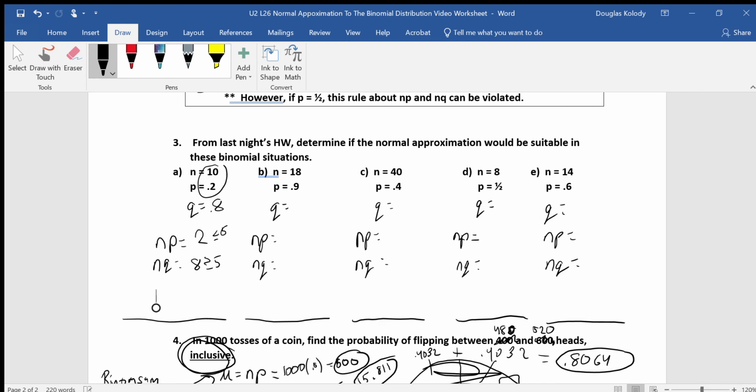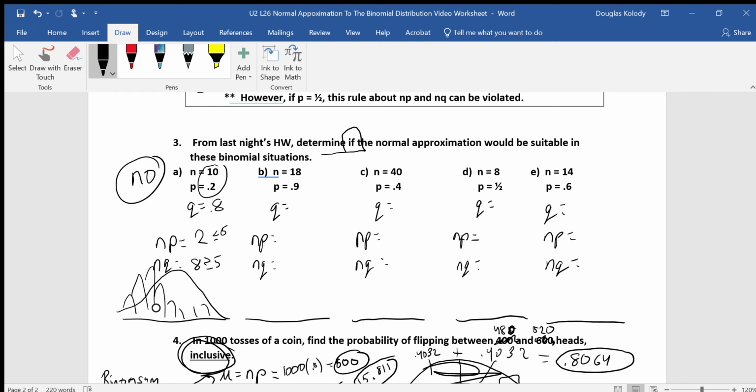So from last night's homework, determine if the normal approximation would be suitable. Would the normal approximation be suitable in A? No, it would not. And just for proof, the graph of this particular curve would look skewed, like this. What if I overlaid a normal curve on top of this? Does it match? No. Normal approximation is not suitable.